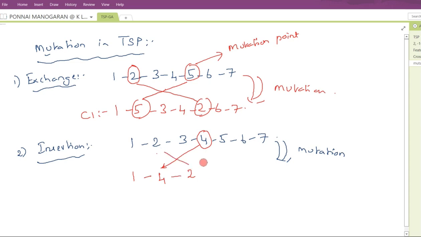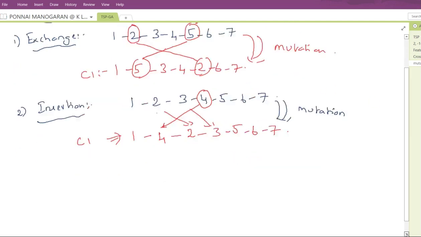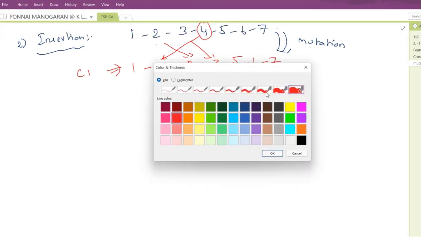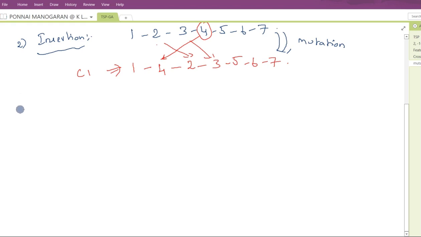You can see 2 gets shifted to here, and 5, 6, 7 remain in normal position. So this is your child 1. I think you are understanding. This is the insertion type. Similarly, you can have the displacement type also.